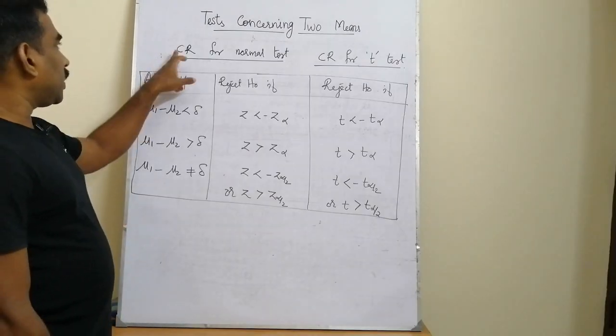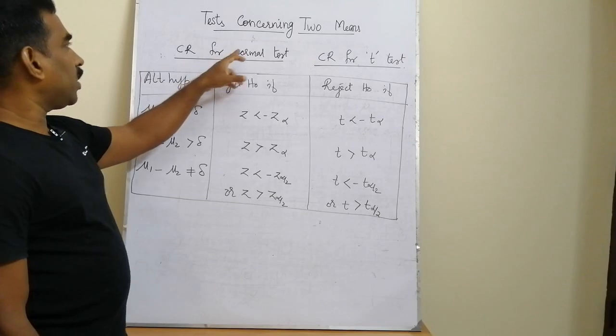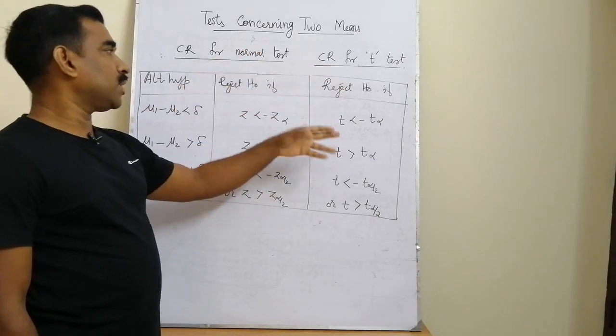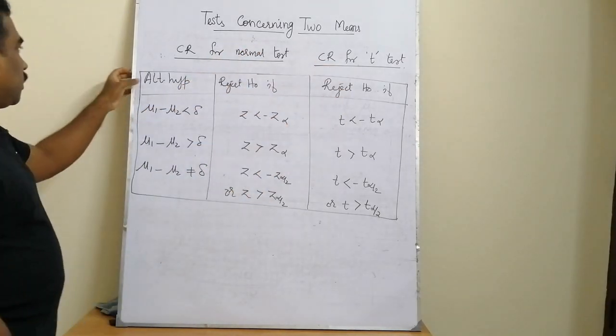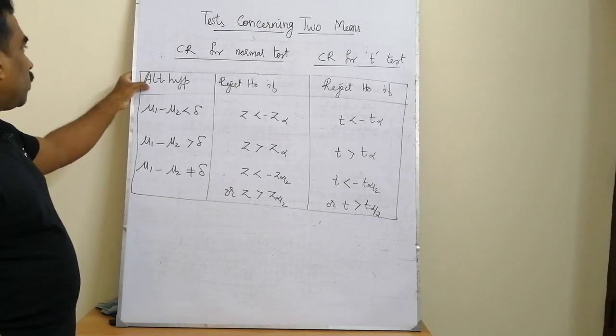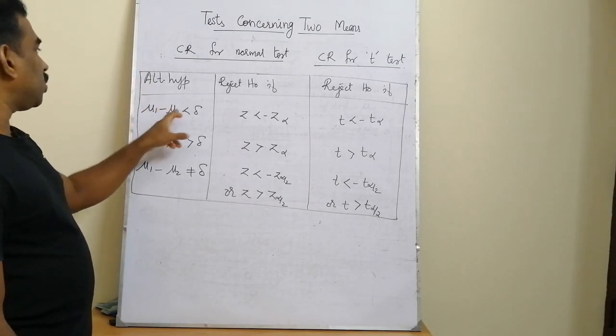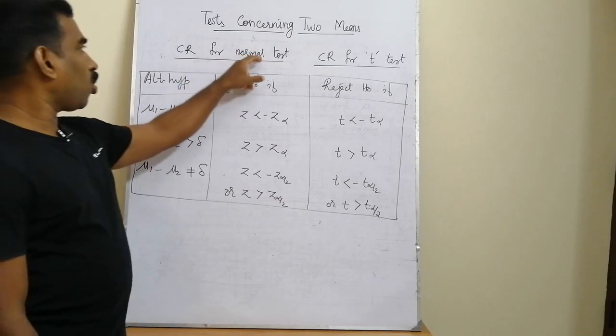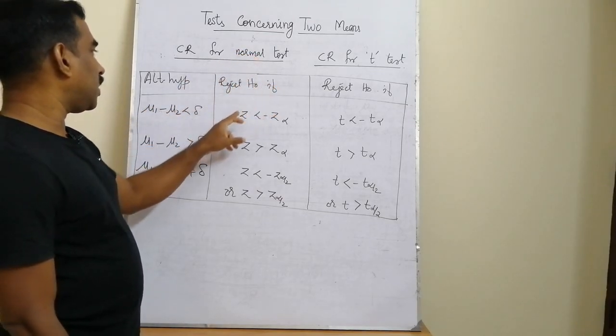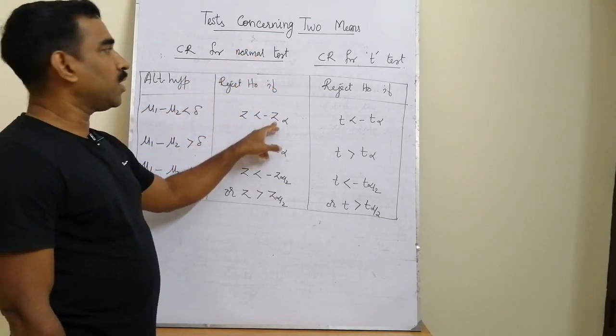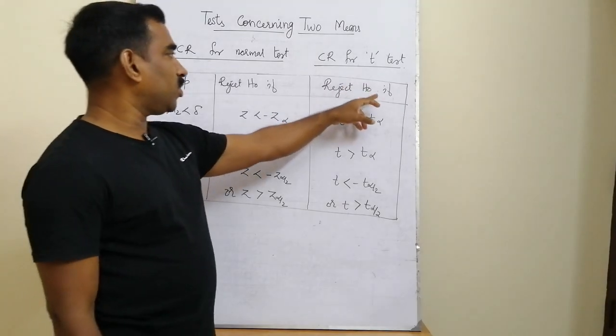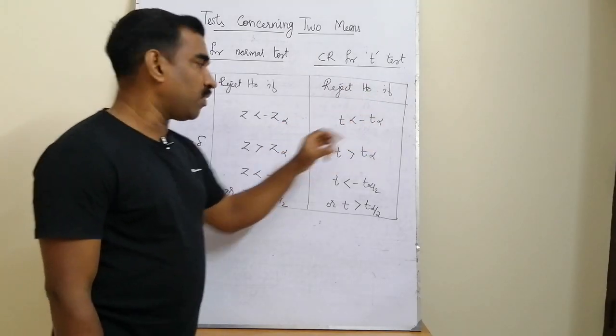Now for making decision, the critical region for the normal test and for the t test are similar to the previous case. If the alternate hypothesis is mu1 minus mu2 less than delta, for the normal test reject the null hypothesis if z less than minus z alpha, and for the t test reject if t less than minus t alpha.